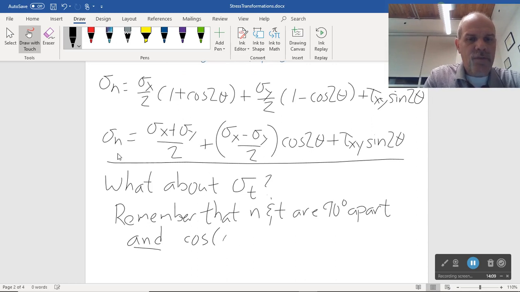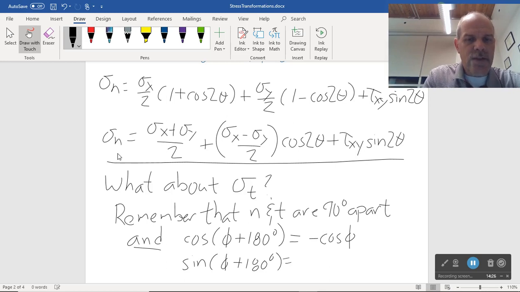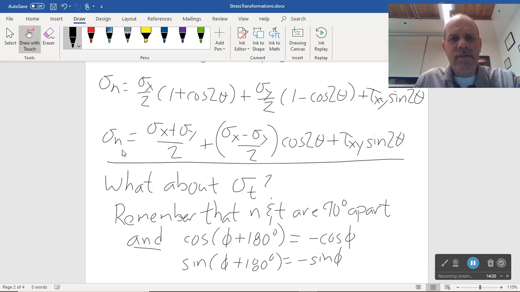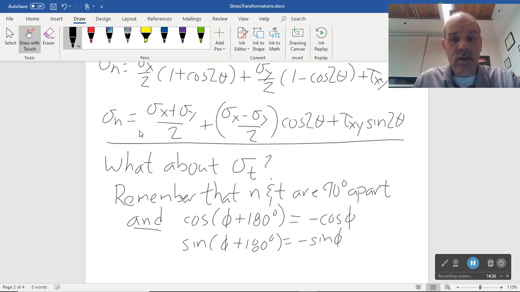the cosine of an angle plus 180 degrees is equal to negative cosine of the angle. I'm using phi here. Sine of phi plus 180 degrees, well, that's equal to negative sine of phi. Well, all I have to do, because again, 2 theta plus 90 degrees, right?